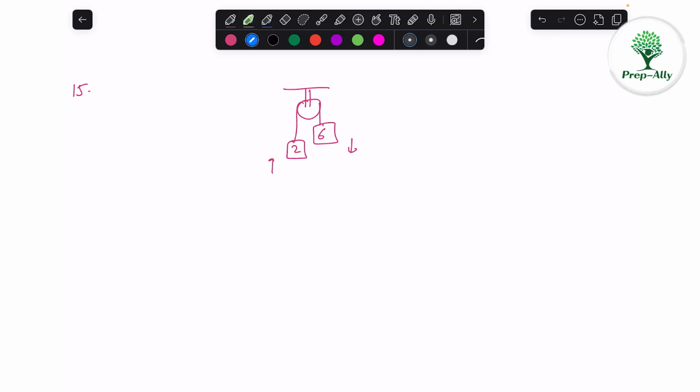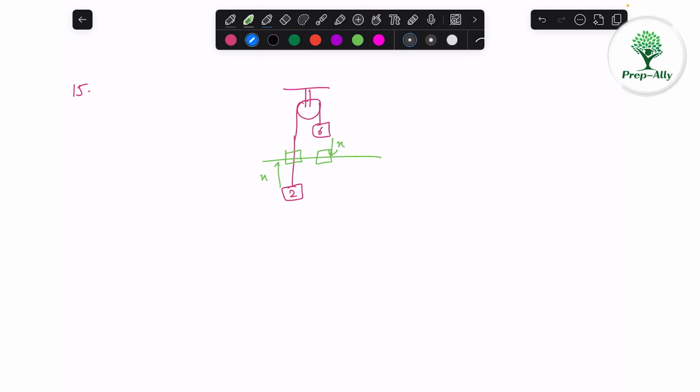See, when they are crossing each other, let us say they cross, I can just draw like this: let us say this is 6 kilograms and this is 2 kilograms. When they cross, the distance covered by the 2 kg is x, then the 6 kg will also cover x. Then the 2 kg will come here and the 6 kg will come here.